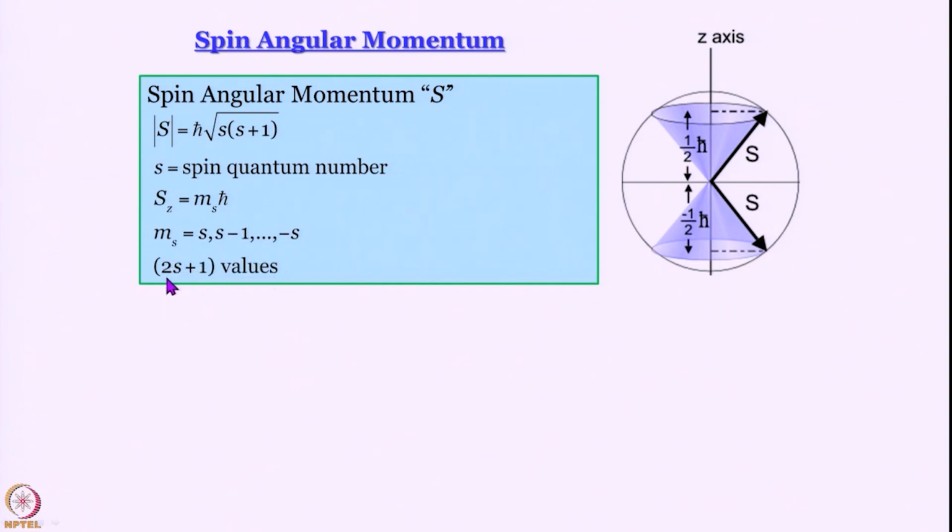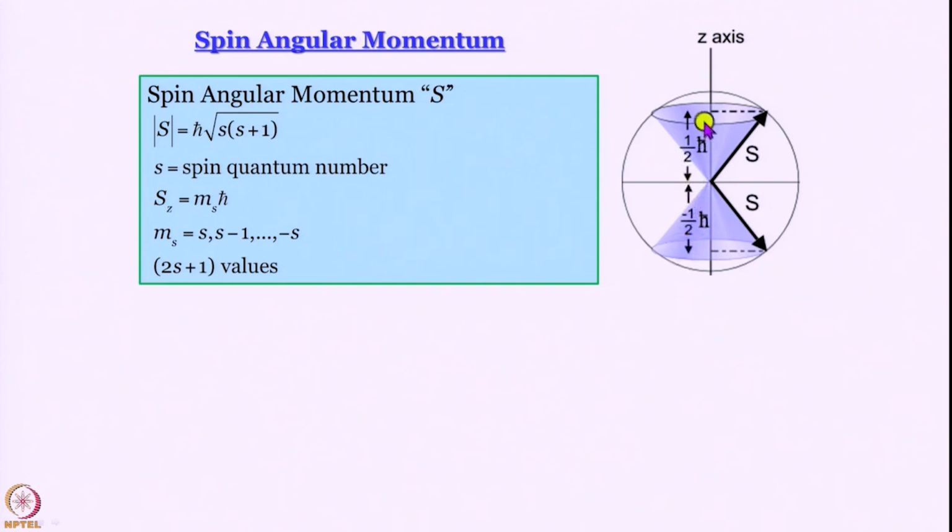Now, for all electrons in the universe, spin quantum number is half. So, how many different values of ms would be there? 2 into half plus 1, that is 2. What are those two values? Plus half and minus half. What do they designate?